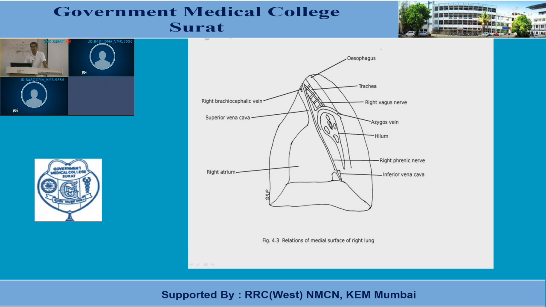Superior vena cava, inferior vena cava. This one is the right vagus nerve, part of the trachea. Just above this is the arch of azygous vein, and posterior more there is the esophagus. These are structures in relation with the right lung.